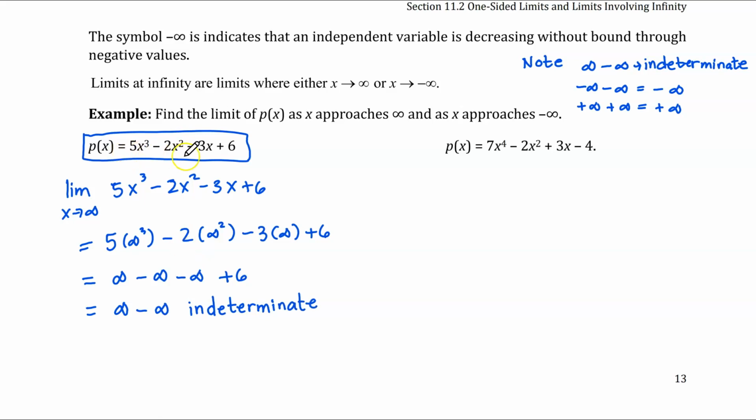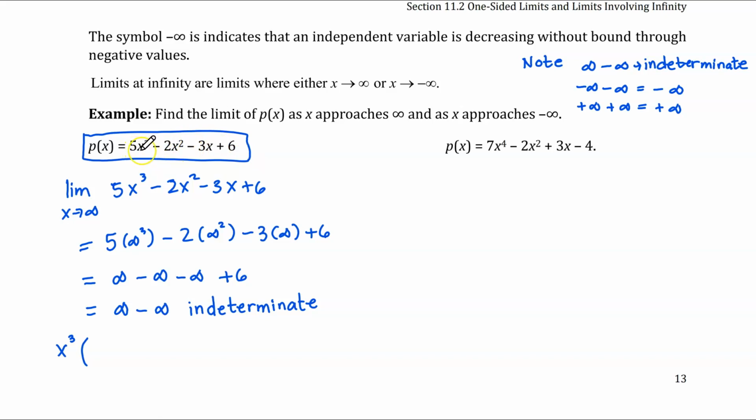The technique that we can use in this case is to factor out x cubed, the variable expression with the highest exponent. If I factor out x cubed, that means I have to divide each term here by x cubed.